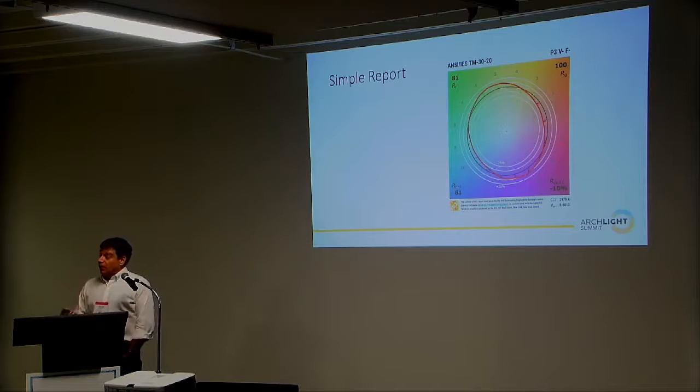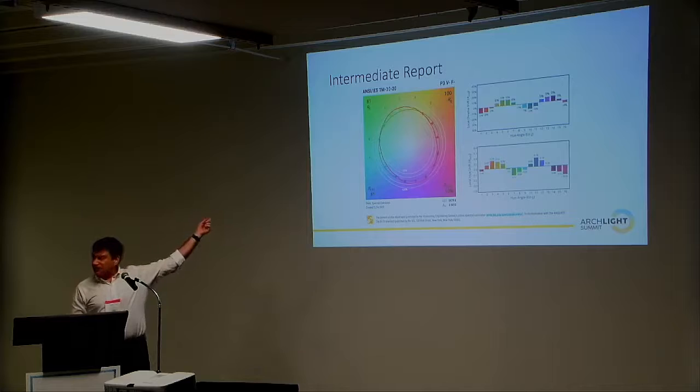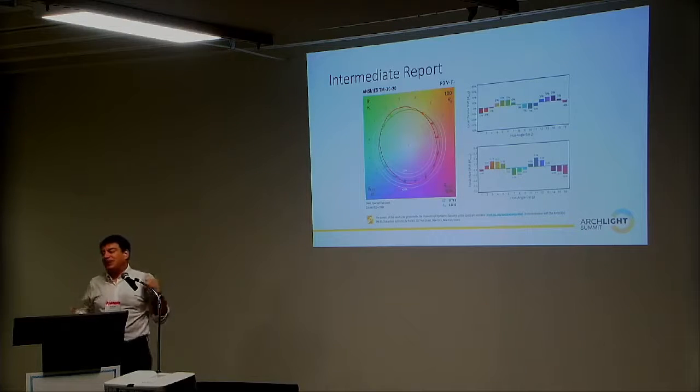We can give a little bit more information with the intermediate report, which adds bar graphs and numerical values for Chroma Shift and Hue Shift for each of the 16 hue bins that show up in the color vector graphic. So those numbers are in the arrows, right, that form the color vector graphic, but you can't look at those arrows and really draw numbers out of them.